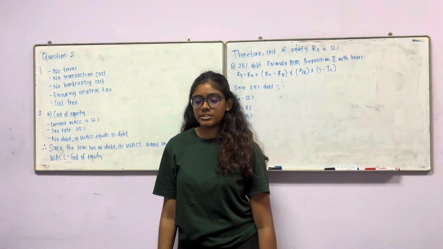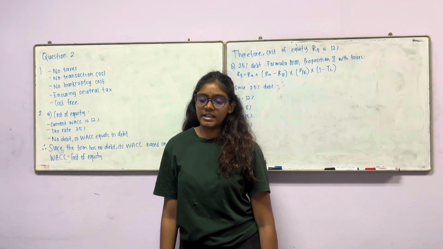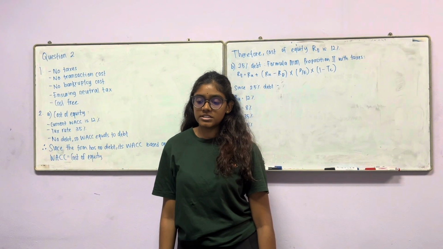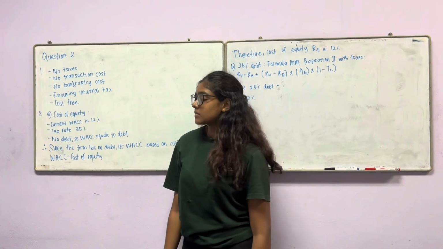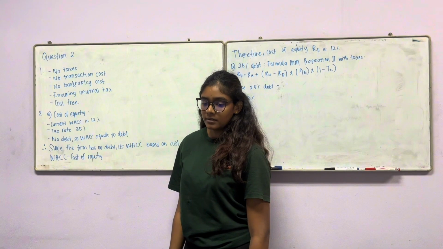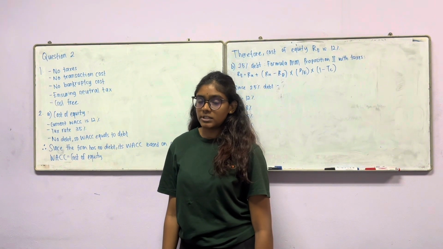Let's move to question 2. Stanson Inc. has no debt but can borrow at 8%. The firm's WACC is currently 12% and the tax rate is 35%. In question 2a, what is Stanson's cost of equity capital?